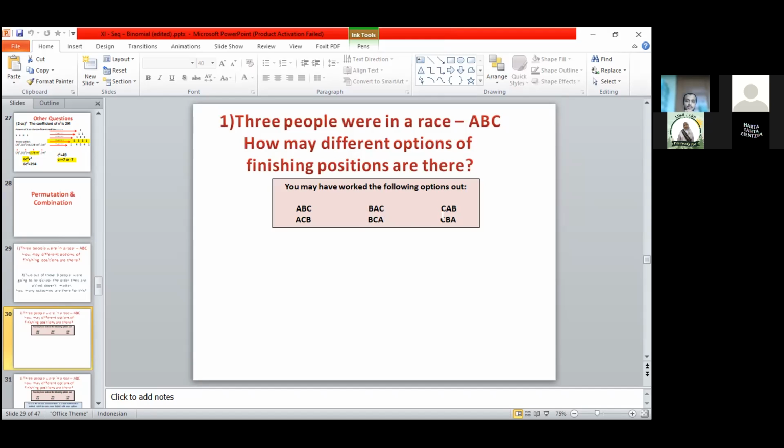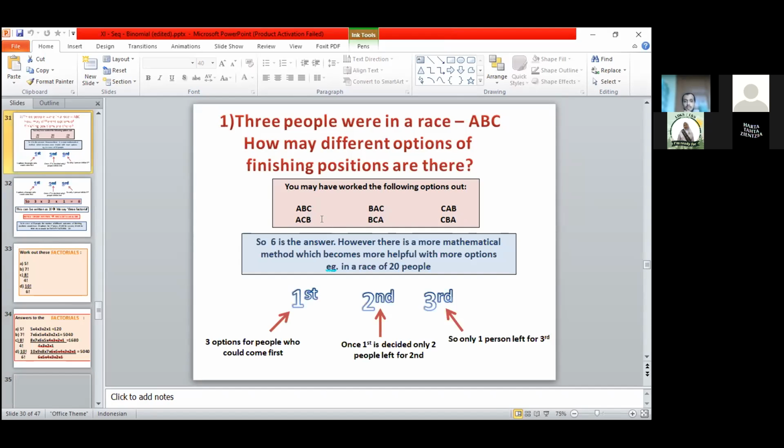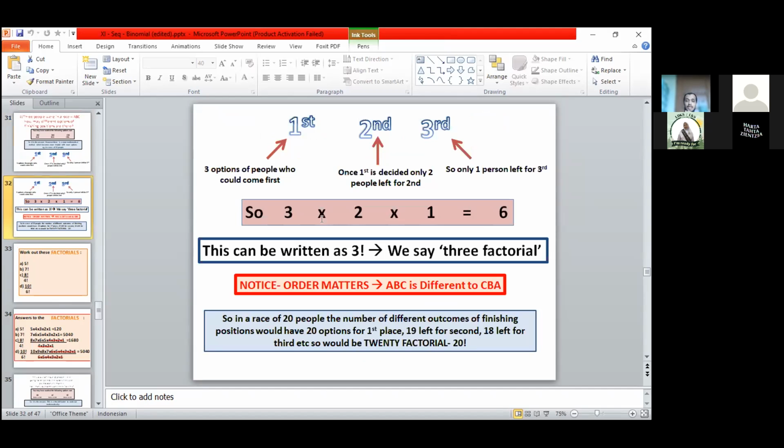And if the first one is C, then the next one will be A and then B, or CBA. So in total, there are only 6 possible finishing positions. And let's skip this one.